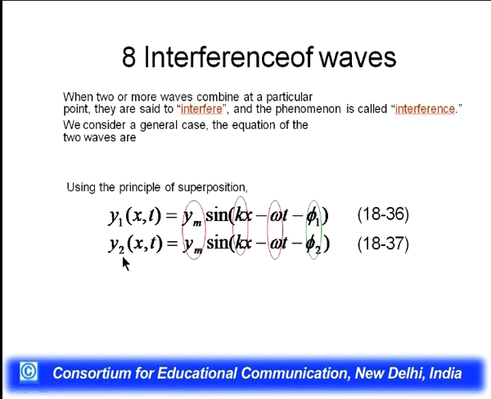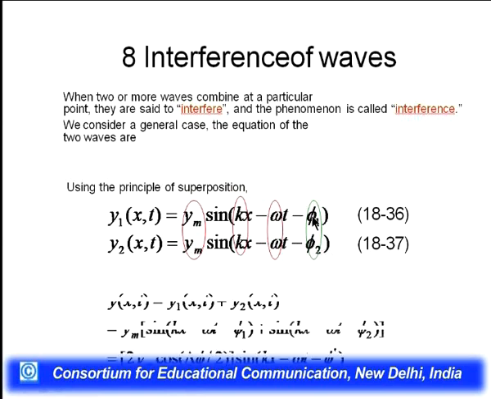For the second wave, y2(x,t) is equal to ym sin(kx minus omega t minus phi 2). Here the amplitude, propagation constant and frequency are the same, but the phase constant is different for the two waves which are going to interfere. The resultant displacement is y(x,t) equal to y1(x,t) plus y2(x,t).